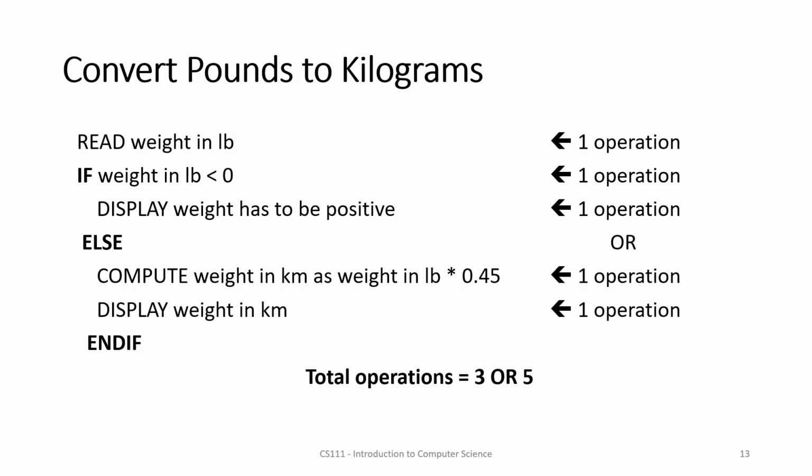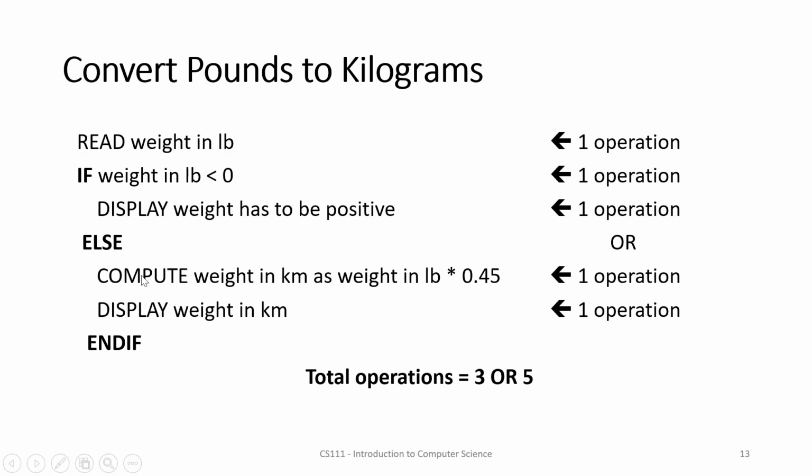So one can ask the question, how many instructions will be done in this case? For example, it's possible that it reads the weight in pounds, that's one operation, and then this condition is true, so it's going to do this one here. So altogether, we're going to be doing 3 operations: one is a read, the other one is a compare, the other one is a display.